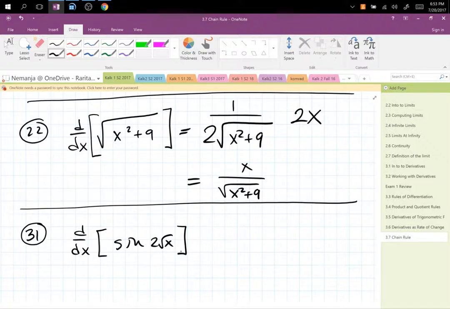What is the main function? Sine of x, whose derivative is? So it's cosine, and we copy the inner function, and then times its derivative, which is?